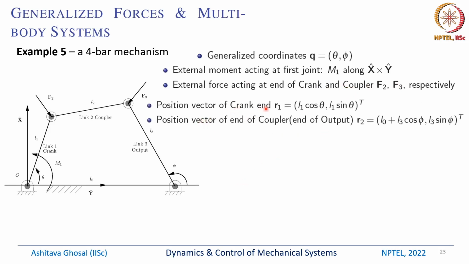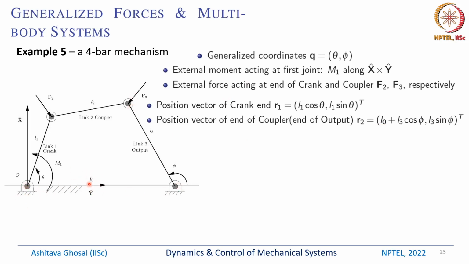The position vector of the crank end, which is this here, is denoted by R1. It is L1 cos theta and L1 sine theta. The y coordinate is L1 sine theta. The position vector of this end, which is the coupler end or the output end, is given by R2, and that is nothing but this vector plus this vector.